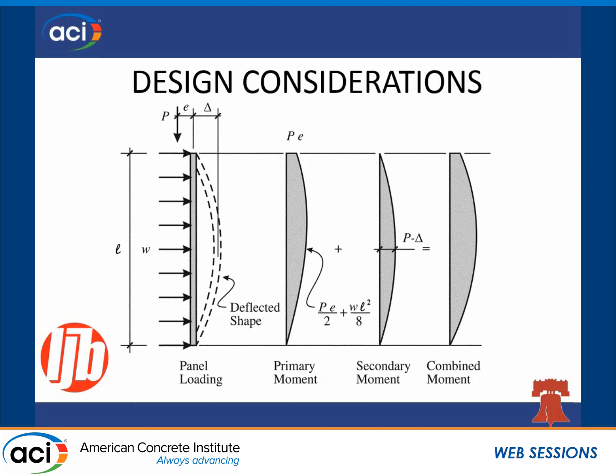Those act together as a primary moment. The secondary moment that we referenced is from that P delta effect. As those loads apply, that panel bows, and that creates a secondary moment, where that axial force and the weight of the panel make it bow even more. And that combined moment is what we need to consider as panel engineers in our design.